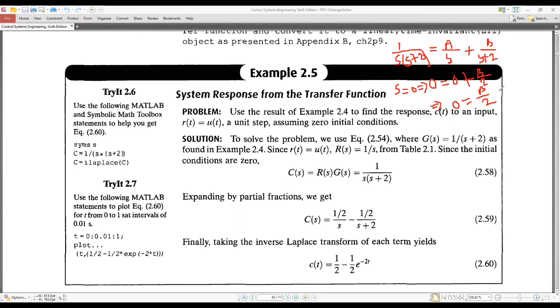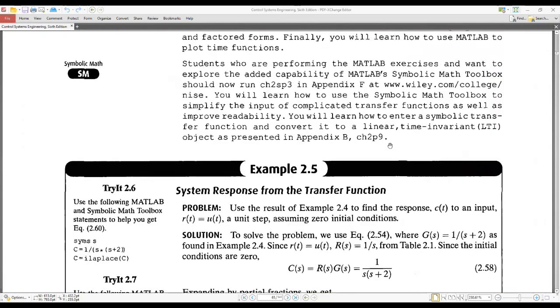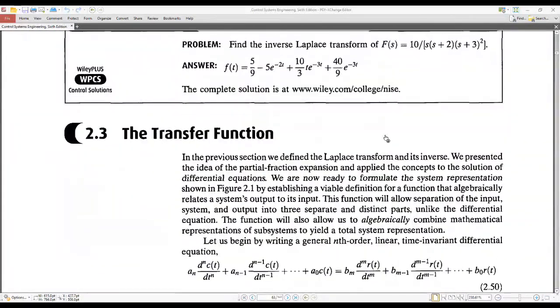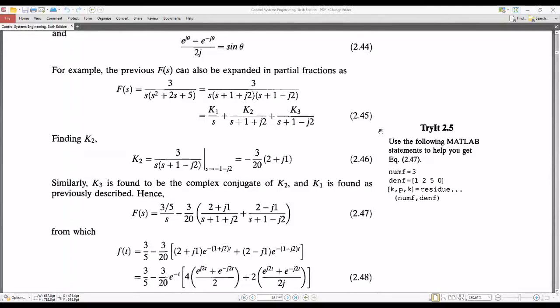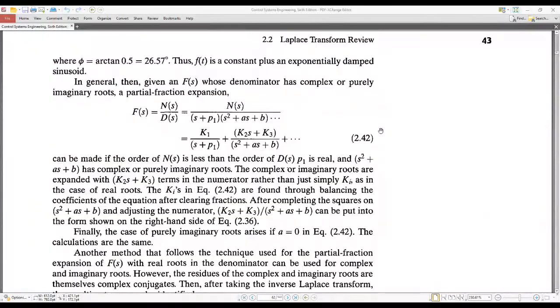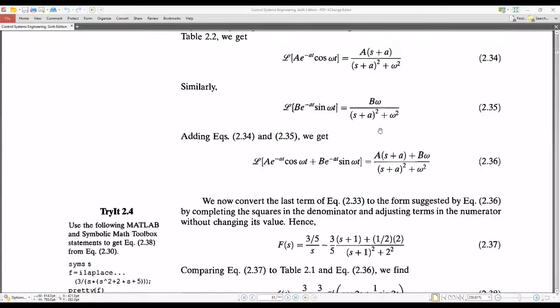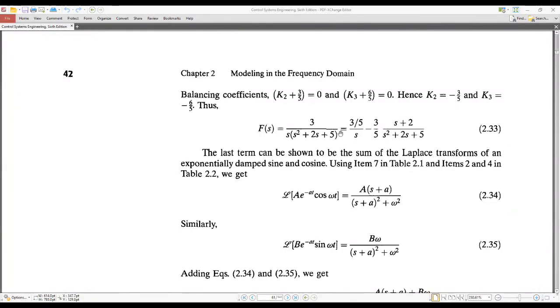Is it okay or not? I don't think it is okay. 1 by s, yes, 1 by s plus something wrong here. Not like this. Let me check. We have to check this one. See the equation here.